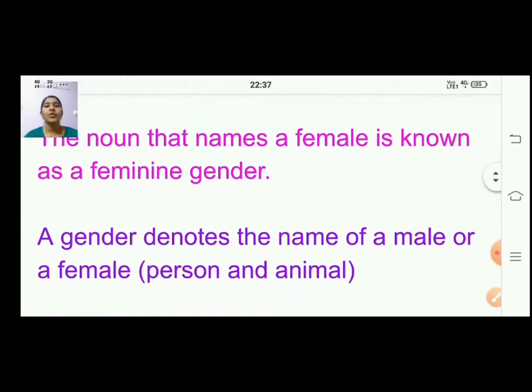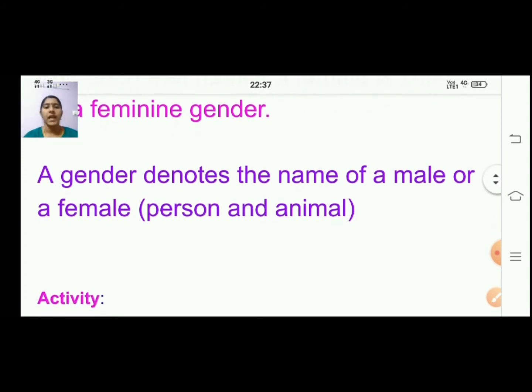Then we saw what is gender. A gender denotes the name of a male or a female person, whether they are male or female, that we are denoting using the word gender, right? These are the definitions which we saw in the last class.